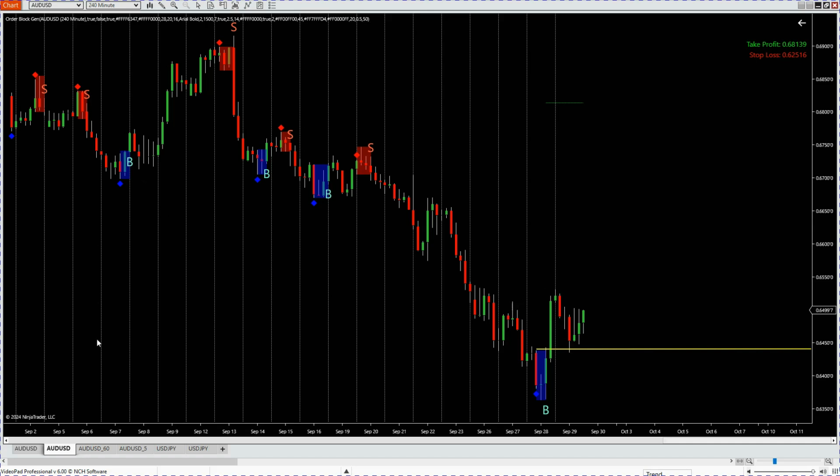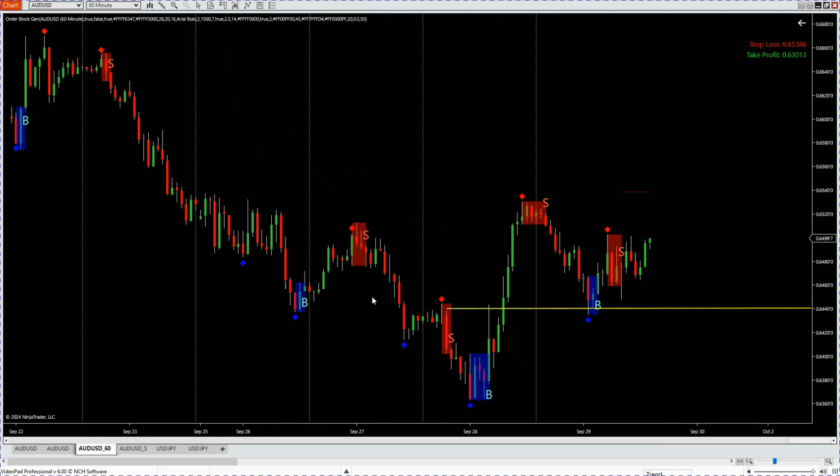We're going to go to a 60-minute, and I already have it set up here. Same exact thing. We're going to leave this line at the same level. When we look at the 60-minute time frame, we can see the move where it broke above, came back, retraced and wicked on that same level, and there it formed another bullish block.